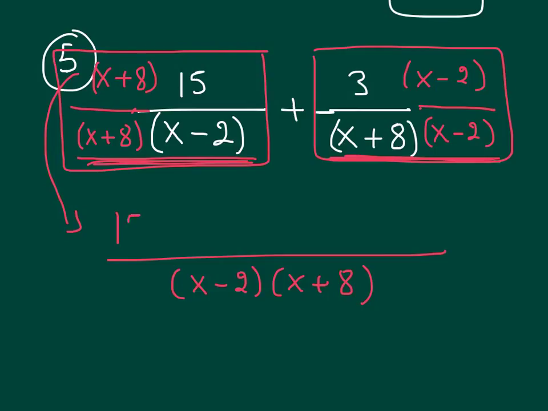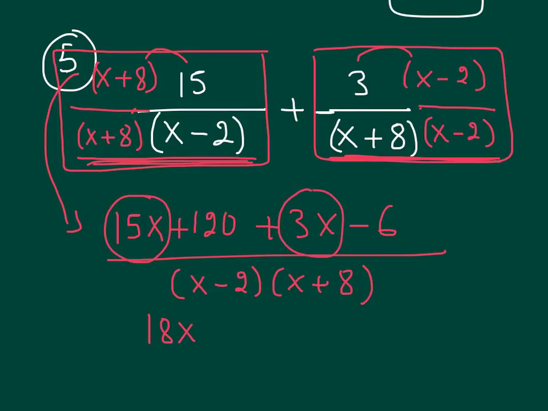This numerator is going to be 15x plus 120, 15 times 8, plus here we distribute the 3 and it will be 3x minus 6. Combining like terms, this is going to give us 18x, which is 15x plus 3x. 120 minus 6 gives you 114, and the denominator is x minus 2 times x plus 8.